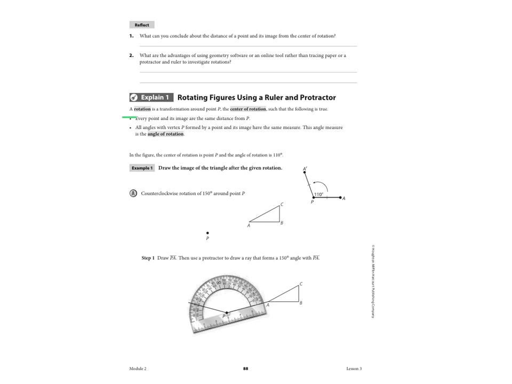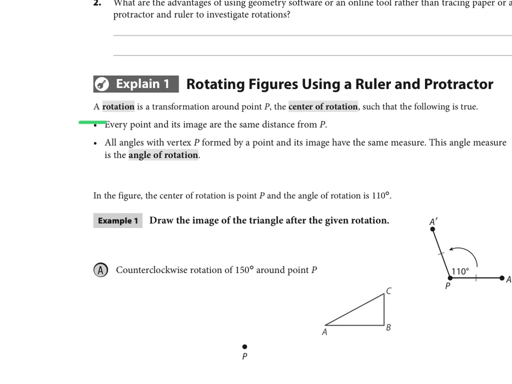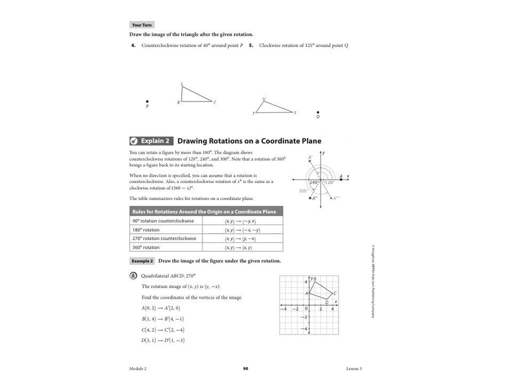A rotation is a transformation around point P, which is the center of rotation, and the angle measure is called the angle of rotation. So let's look at a few of these on the page.